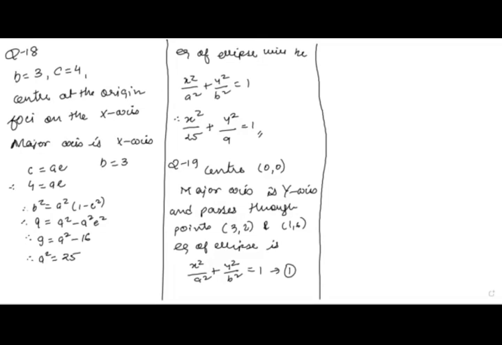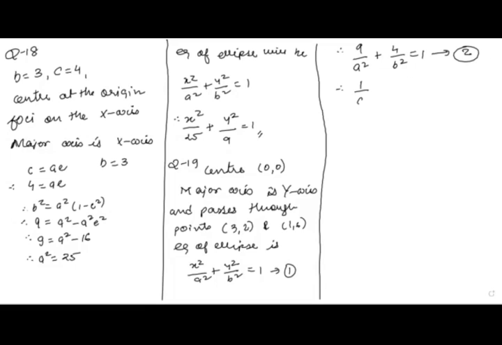So I can keep the value of x as 3, therefore 9 by a square plus 4 by b square is equal to 1. Give this as equation 2. And I can keep these coordinates also, 1 comma 6, because the ellipse passes through 1 comma 6, therefore it will satisfy this equation.